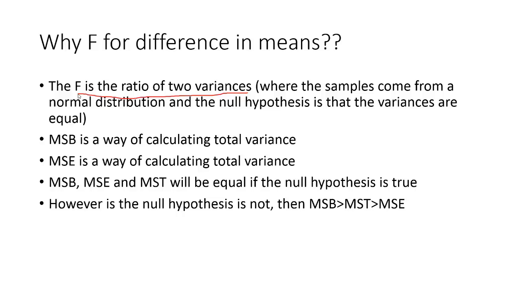You're using that in an indirect way to make a statement about the means of many distributions, and you're doing that by saying that if the null hypothesis is true, method A of calculating variance should be equal to method B of calculating variance. But if the null hypothesis, which is mu A equals mu B equals mu C, is not true, then these are not accurate methods of calculating variance.